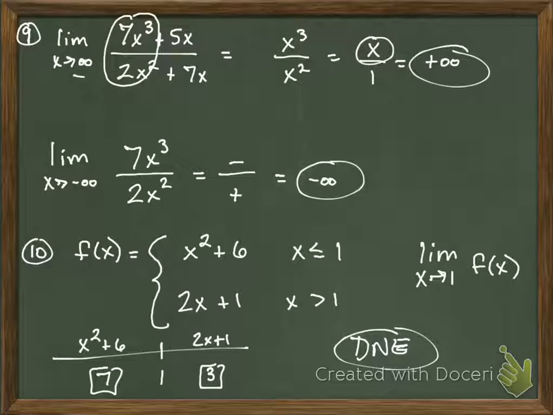Now, we had a request for one that has 3 in it. Okay? So 3 pieces in the piecewise function. All right? So, let's try to do that here. So I'm going to let f of x be 3 different things.